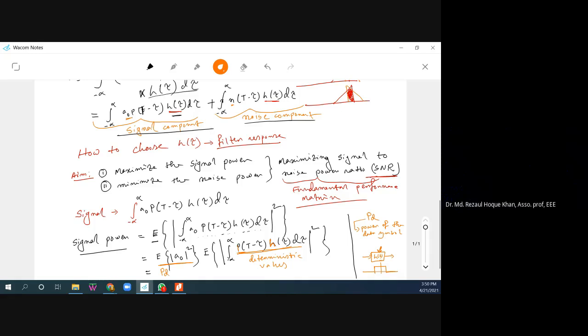Now, what we are trying to do is find the expected value of a deterministic thing, right?